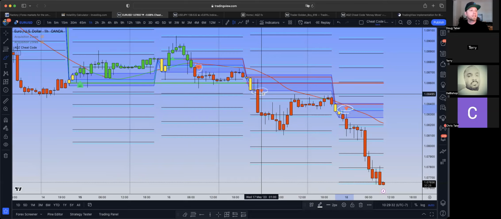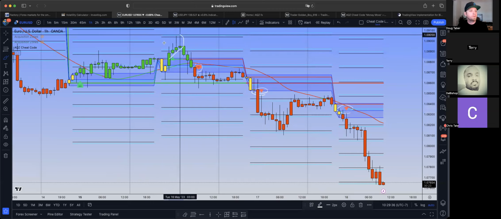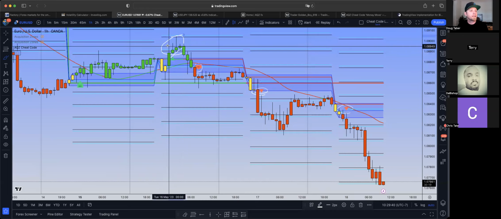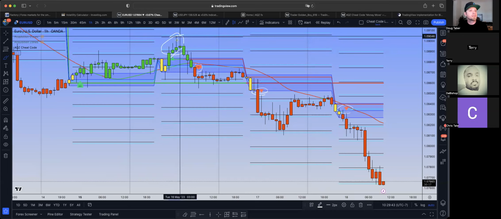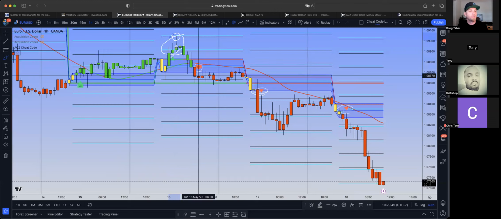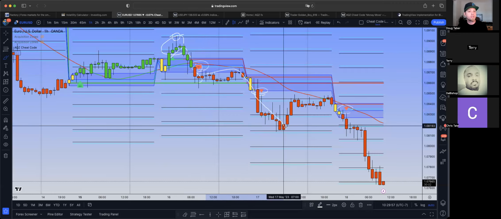London is great for the first move out of London. We can see it hit take profit 2. And again, take profit 2 is the level where we want to place stop losses at break even and maybe even take partials. But we can see that a lot of the times when New York session comes about, the market has then changed direction.